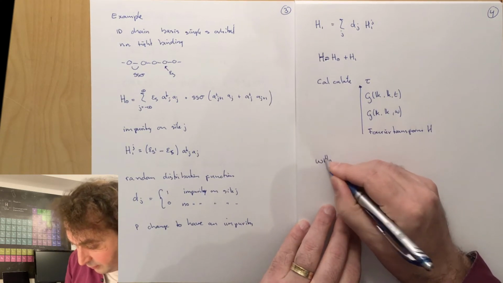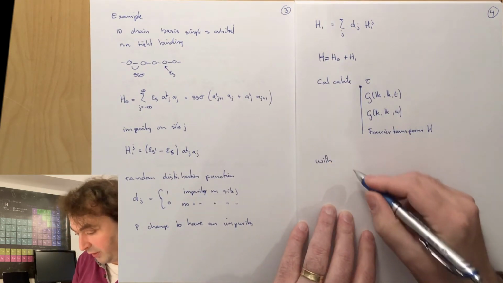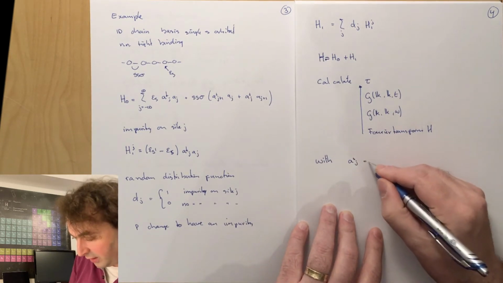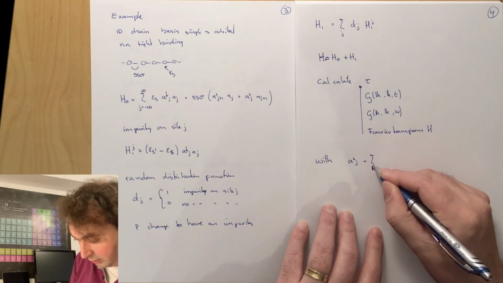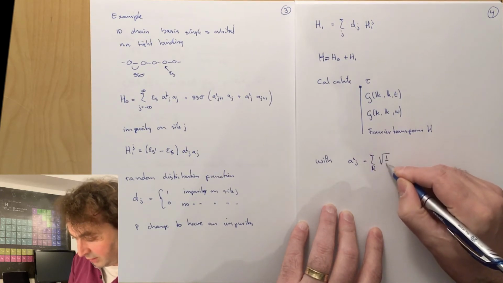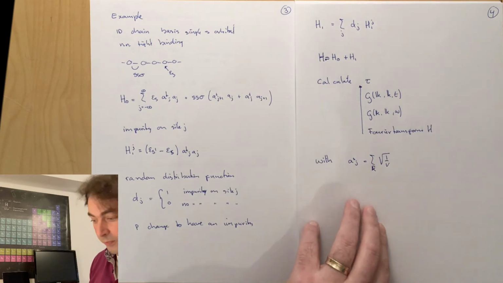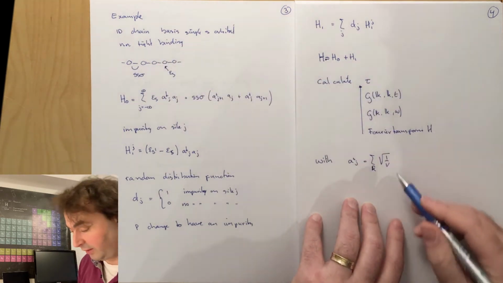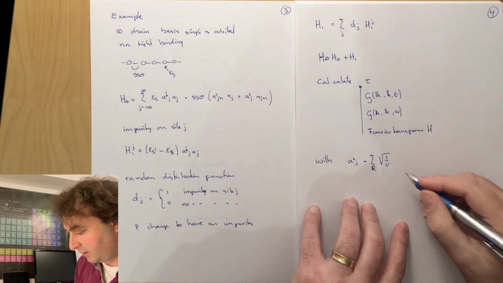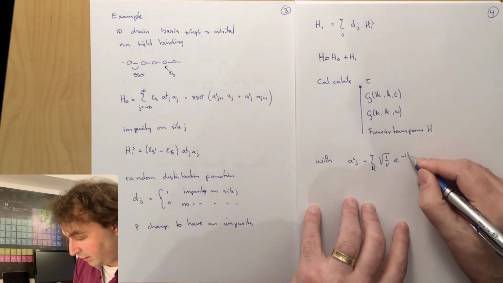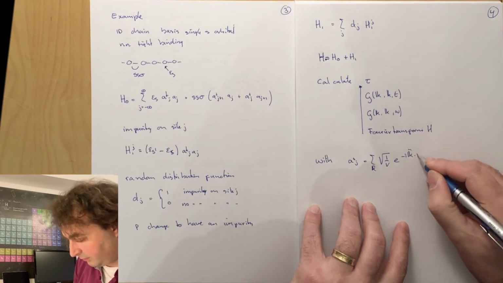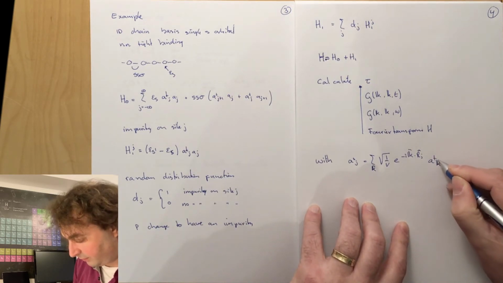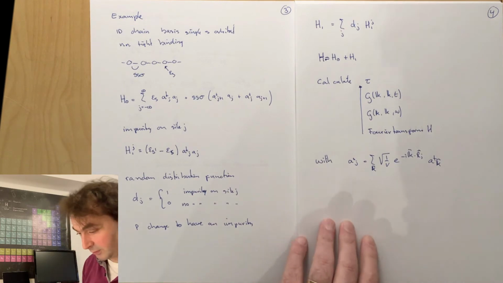So in order to calculate the Fourier transform of H, we can use that the creation operator at site j is given as a sum over all crystal momenta, and then the normalization 1 over V, which for a discrete lattice can also be 1 over n, where you count the number of atoms, or V in units of the unit cell, e to the minus i k dot the position of your atom times the creation operator in momentum space.